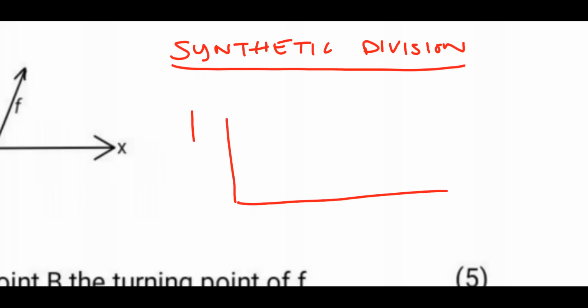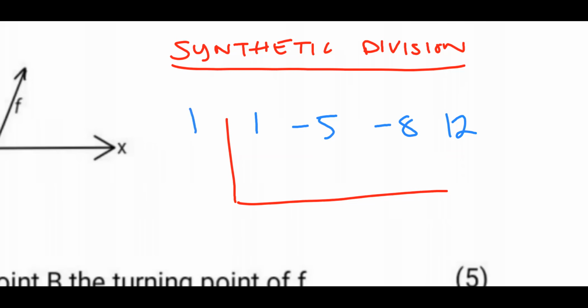We substituted 1 into the equation, it gave us 0, so we established that 1 was our factor. Now you need to write down the coefficients of the cubic function. The coefficient of x cubed is 1. The coefficient of x squared is -5. The coefficient of x is 8. And the constant, the coefficient of x to the power of 0, is 12.